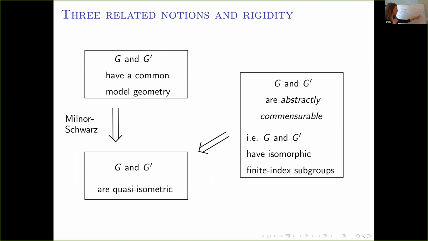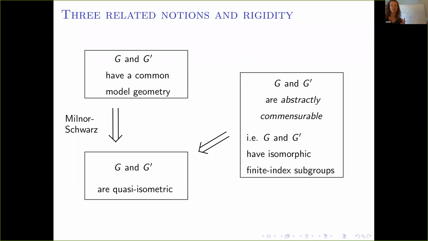And since any finitely generated group is quasi-isometric to any of its finite index subgroups, if the groups G and G prime are abstractly commensurable, then they are quasi-isometric. The other four implications missing in this diagram don't hold in general, and I'll give examples in this talk.